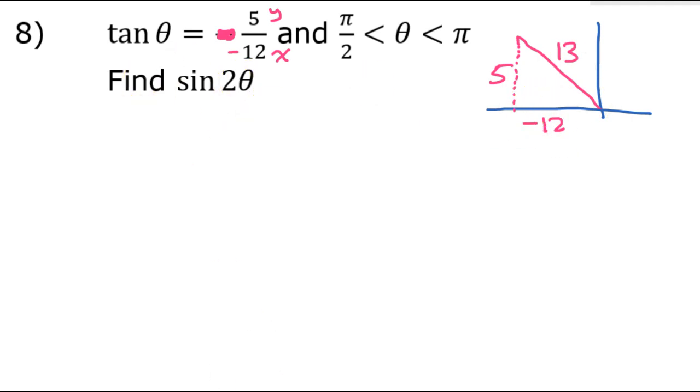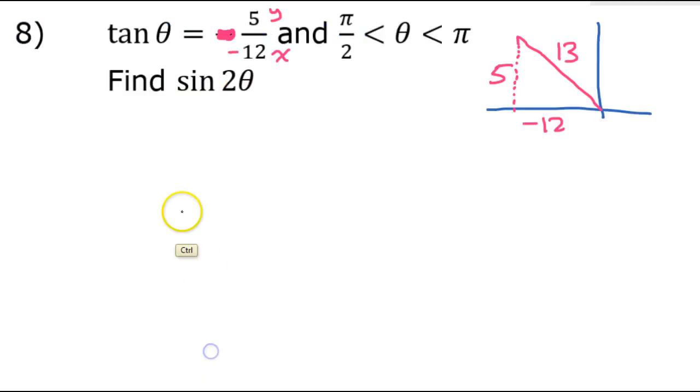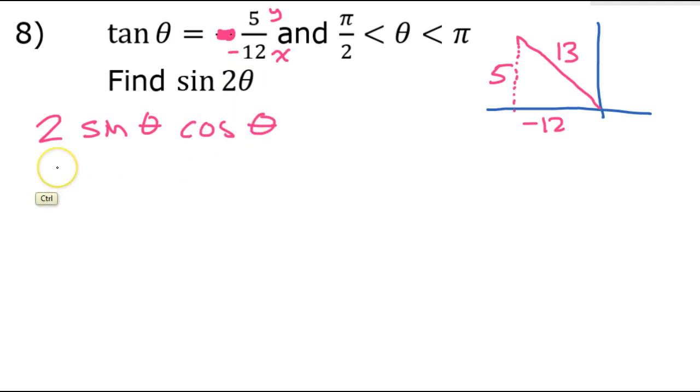So the sine formula goes 2 times sine cosine. So I'm going to do 2 sine theta cosine theta, just using the formula. So this is going to be 2 times, alright, sine is y over r, so that's going to be 5 over 13.